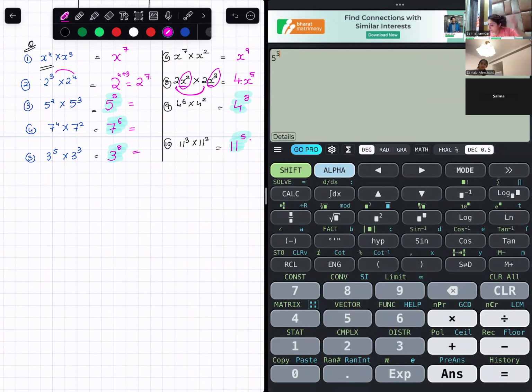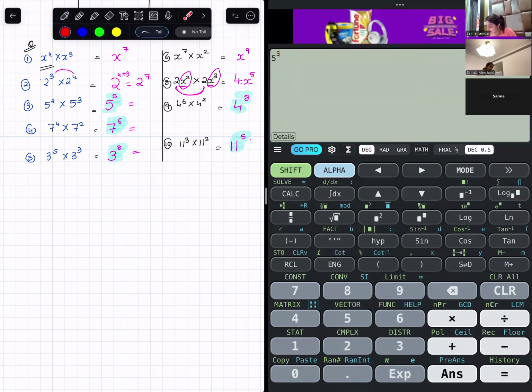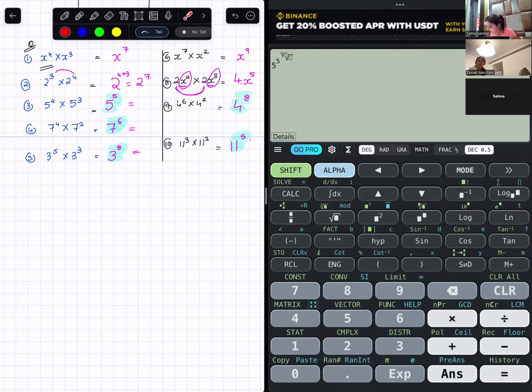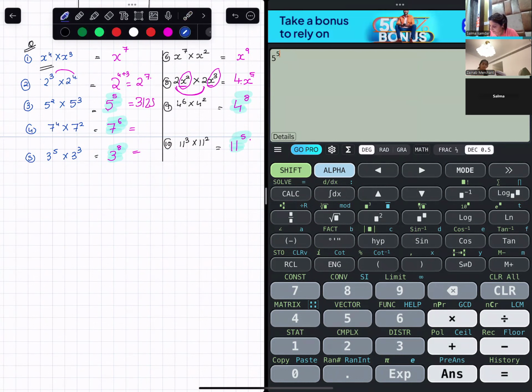Okay, I did that. Can you see this part? So I read 5 to the power of 5. What is the answer? 3125.